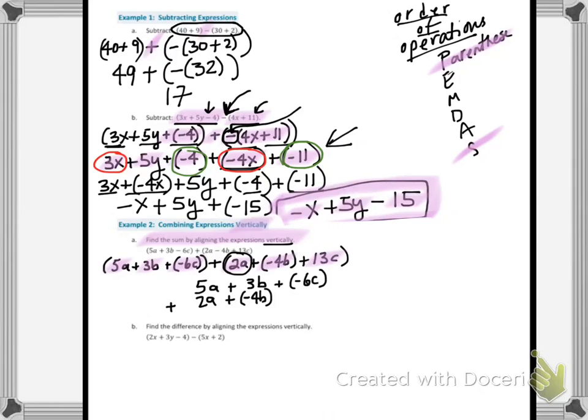I'm lining up all the a's here, my A and my A, and then all my b's over here, my B and my B, and all my C's over here, my C, and I'm going to have another C right there, which is going to be plus 13C.